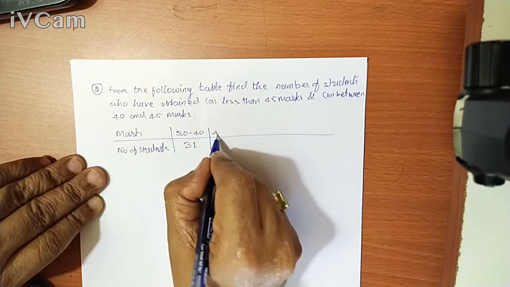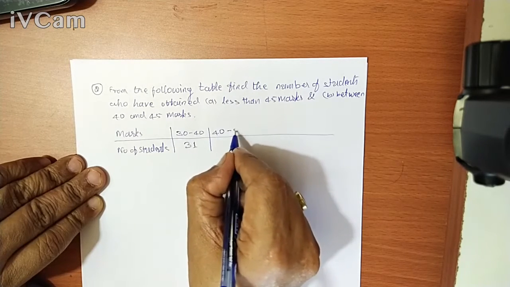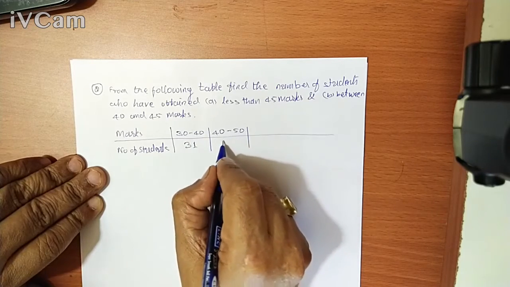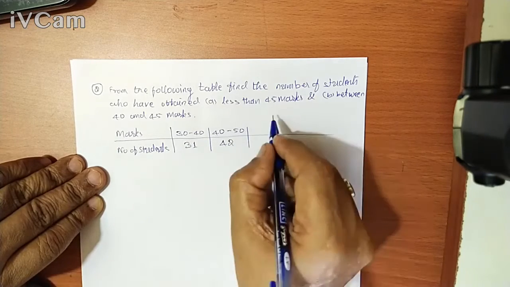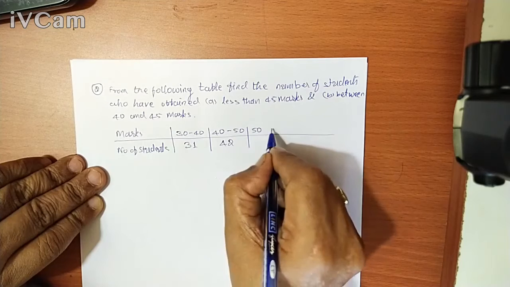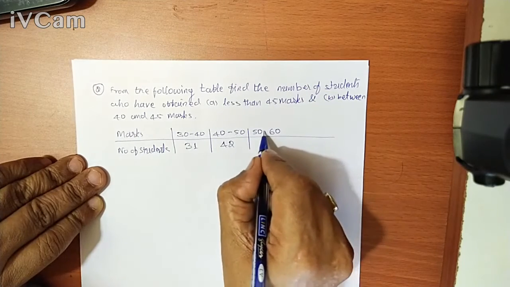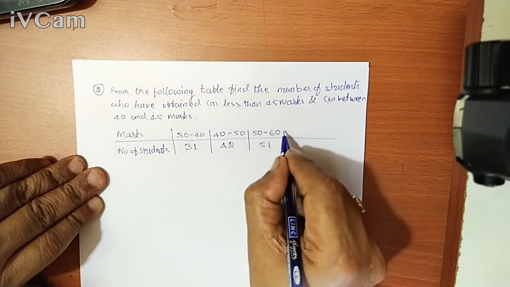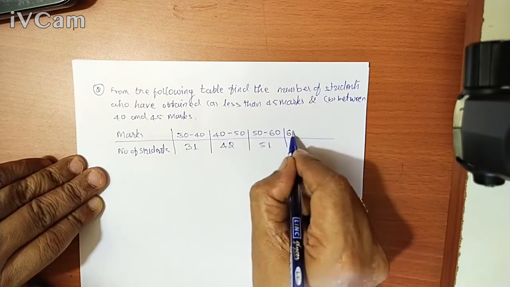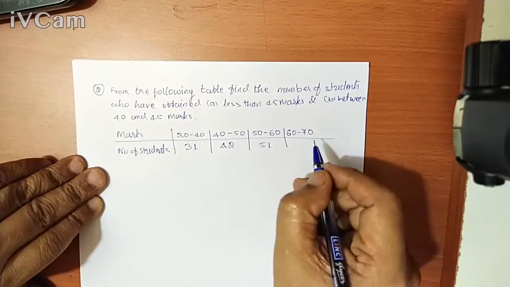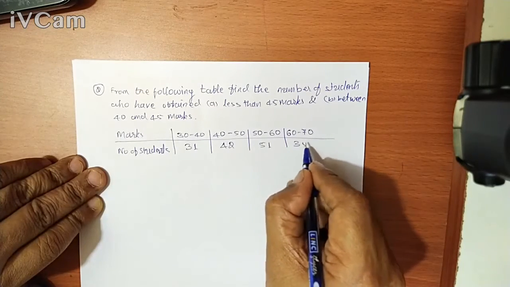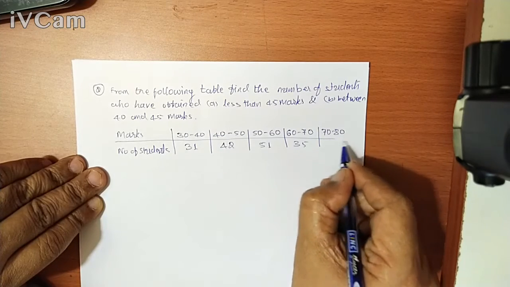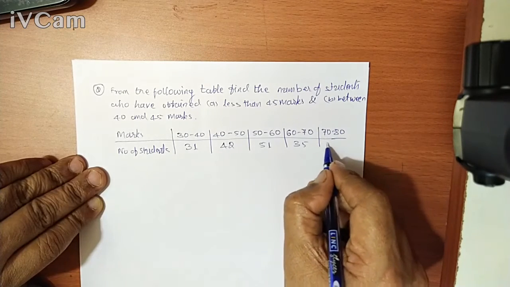Then 40 to 50, it is 42. 50 to 60, it is 51. 60 to 70, it is 35. And 70 to 80, it is 31.